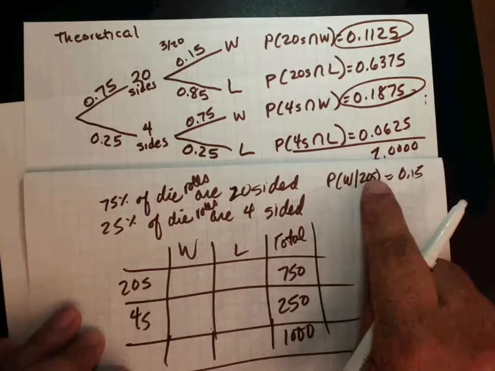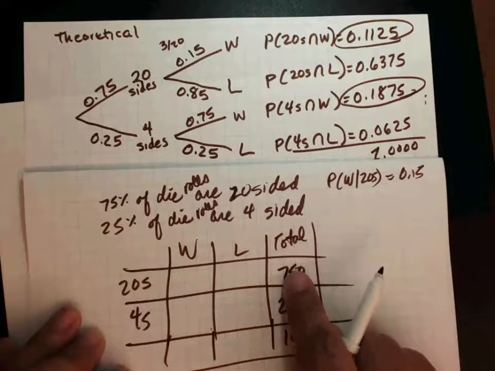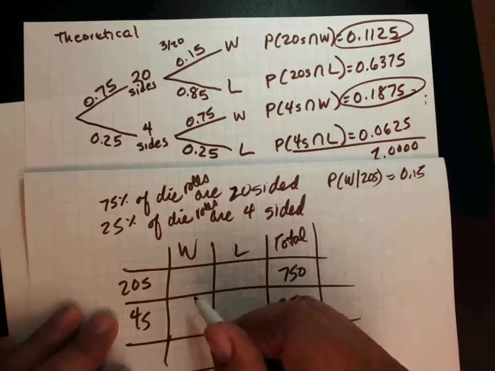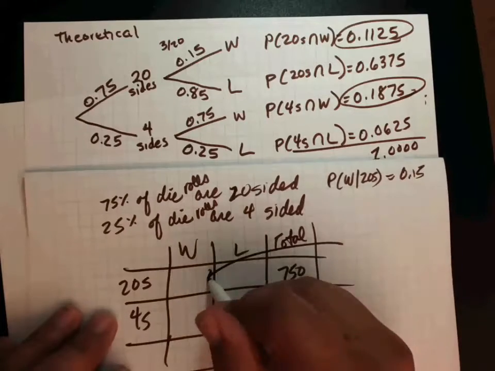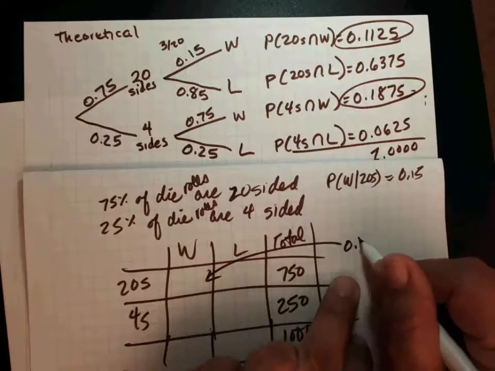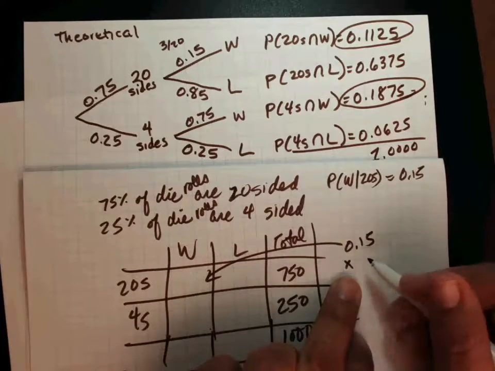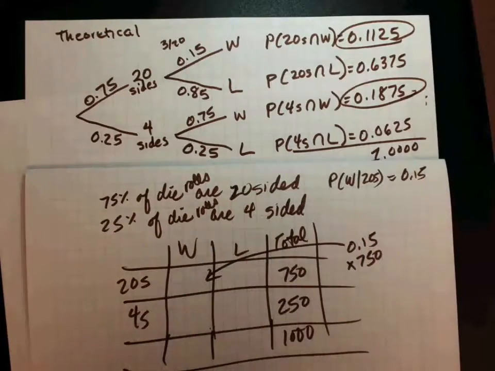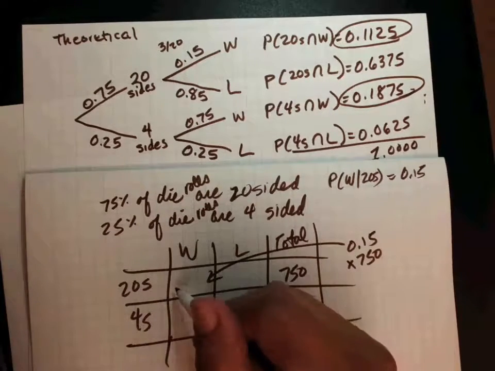Now I can take that 15% of 750 and apply it. If I go 0.15 times 750, how many rolls do I get? I'll just do it on the calculator just to be safe. And I get 112.5.